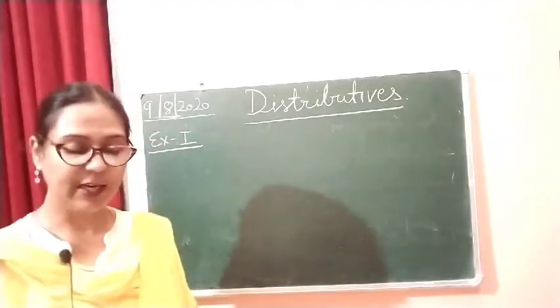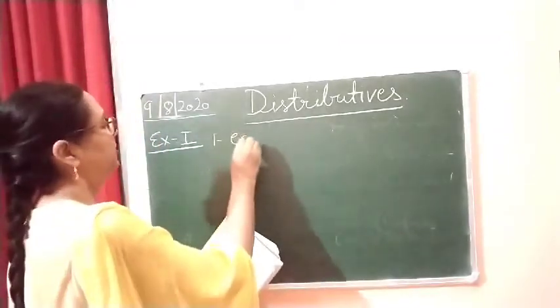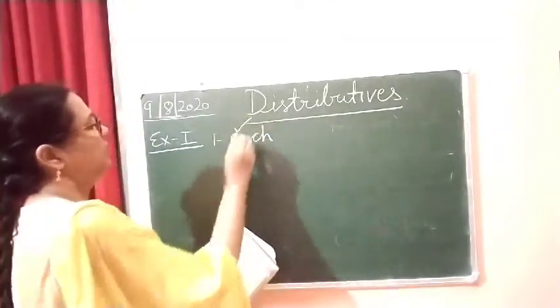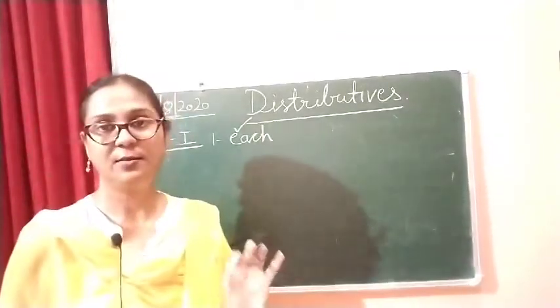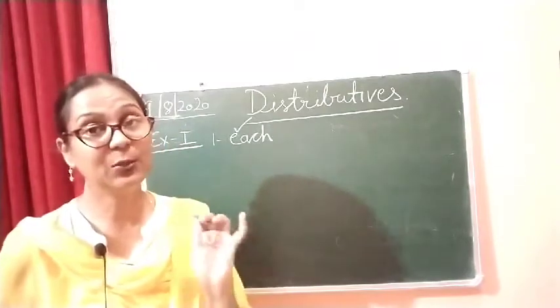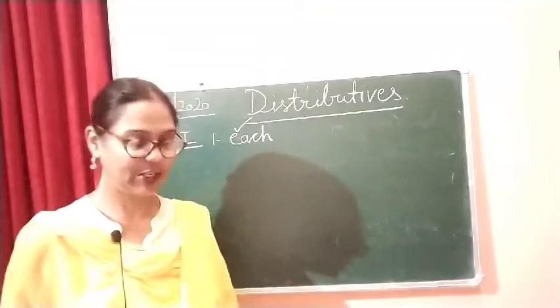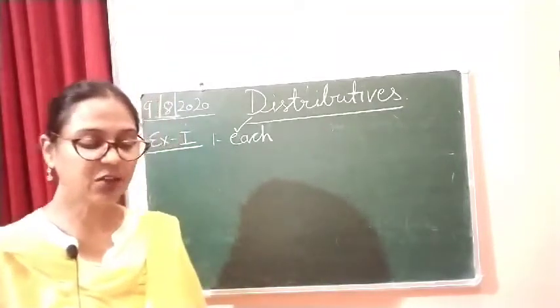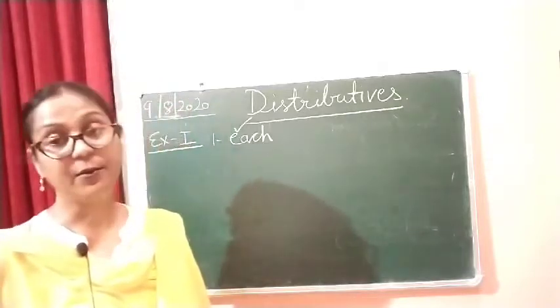Either, neither and each. So we are going to tick each, because they are giving discount on each item. Because we are talking about individual items. So there we are going to use each. Now second: she does not listen to either, neither, each, every of her parents.